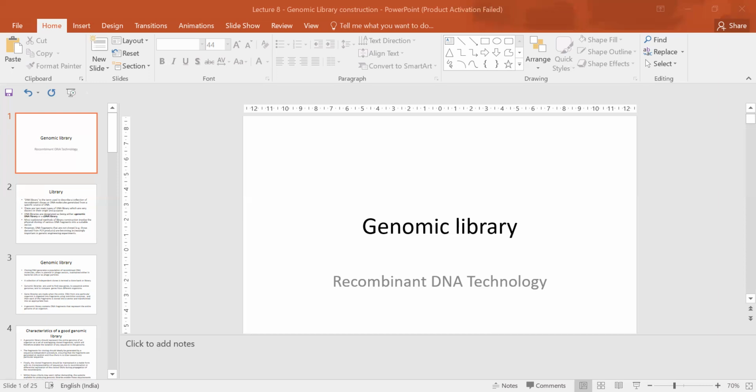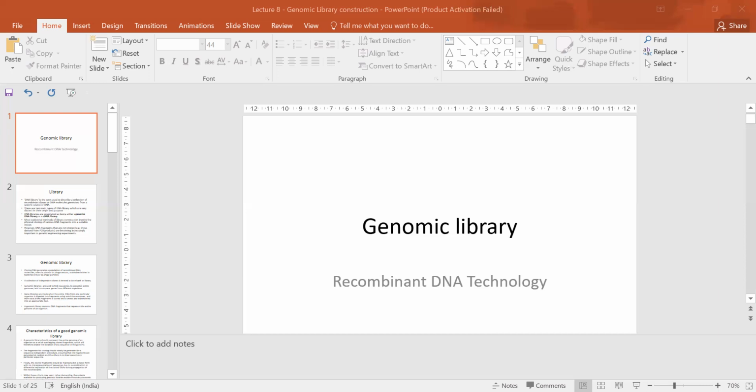On the other hand, a cDNA library is a collection of only the complementary DNA molecules synthesized from the mRNA, that is the messenger RNA, and it represents the expressed genes only in a specific cell type or tissue.